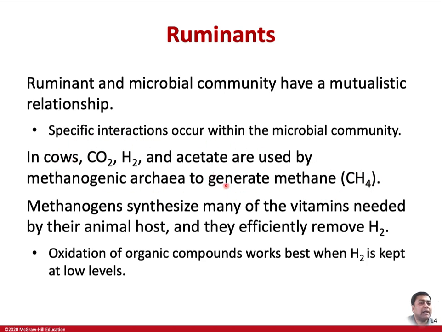But before that, lots of different things happen, and we're going to talk about that. At the very end, the methanogens synthesize some of the vitamins needed by their animal host. We're also going to see why they are very important for particular reactions, because they efficiently remove the hydrogen produced by some of the previous reactions. If they don't, some of the reactions will not work. So let's take a look at that.